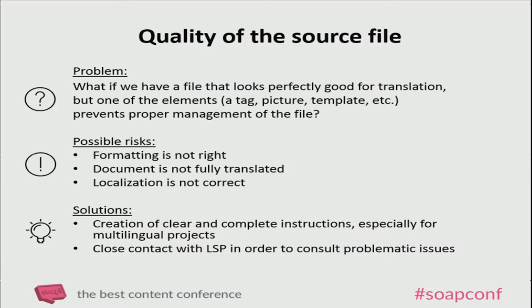So let's get to the first issue, which is quality of the source file. Let's say we have a file that looks perfectly good for translation. You finished it and you send it to the agency, but it's not. And we find many problems.